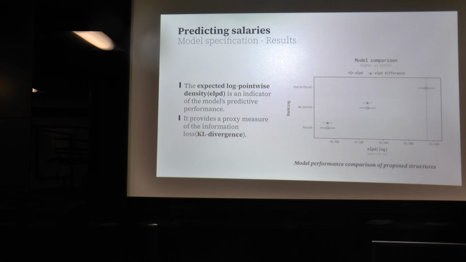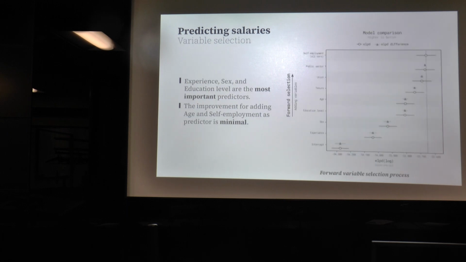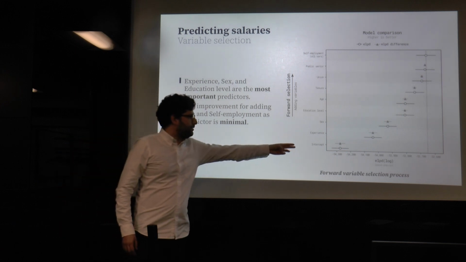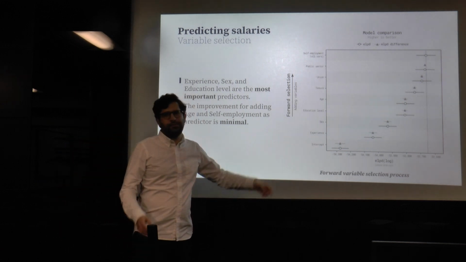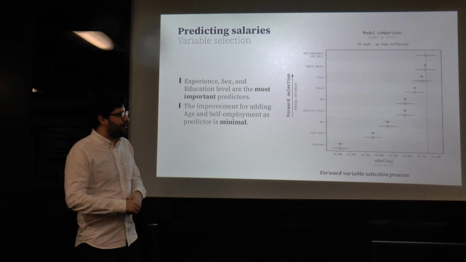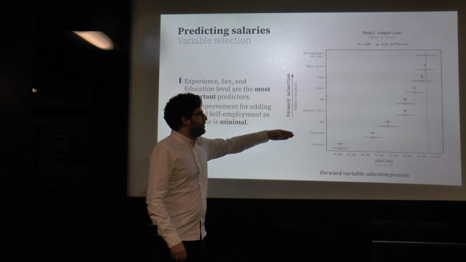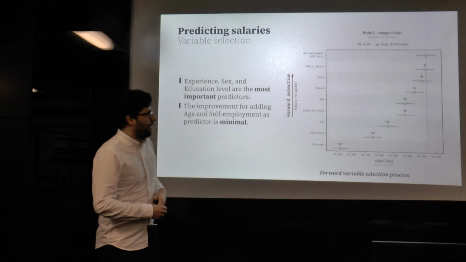Taking that in mind, that the hierarchical structure is the best, now we are interested in which variables are the most important. So we started with the simplest model, just having the intercept, that is the average salary by industry and by occupation, and we started adding variables to that analysis.